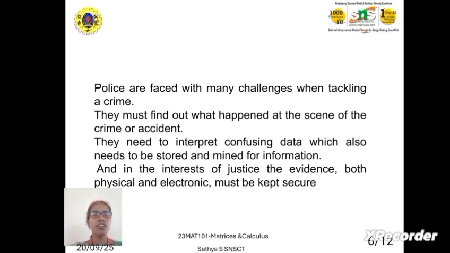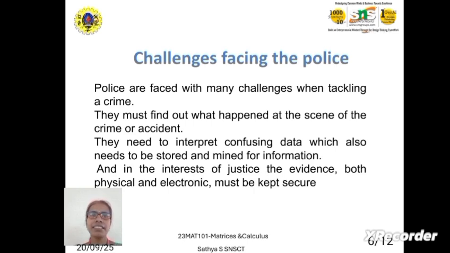The first thing is police are faced with many challenges when tackling a crime scene. They must find out what happened at the scene of the crime or the accident. Then they need to interpret the confusing data, which also needs to be stored and mined for information. And in the interest of justice, the evidence, both physical and electronic, must be kept secure. These are the challenges the police face.